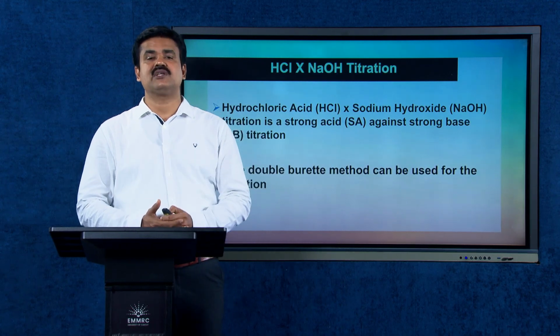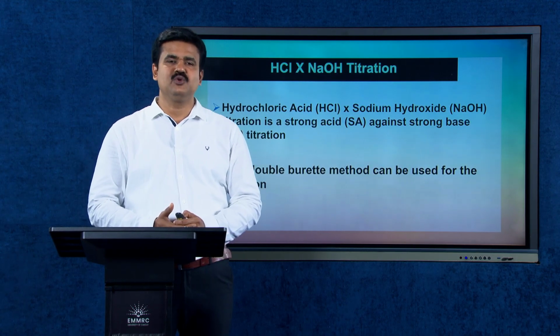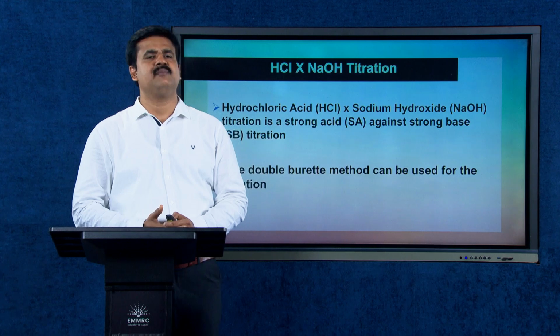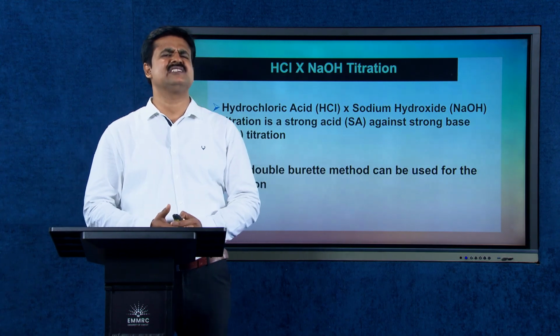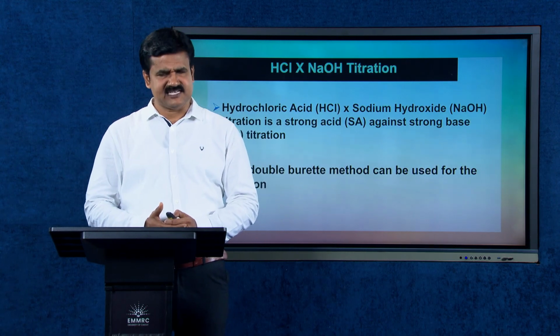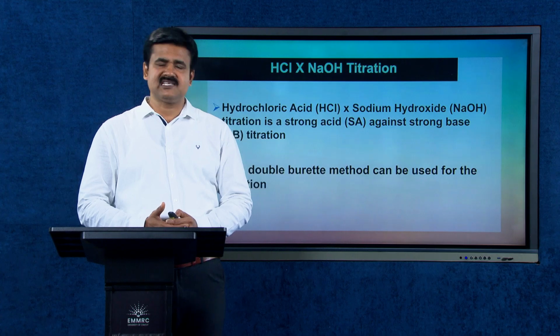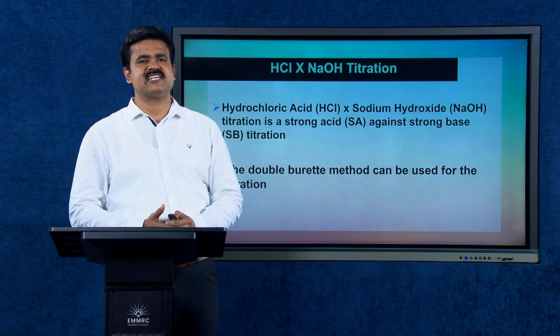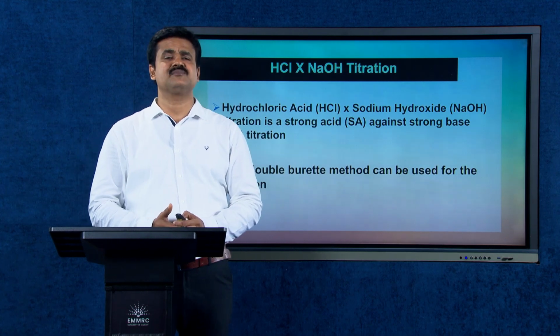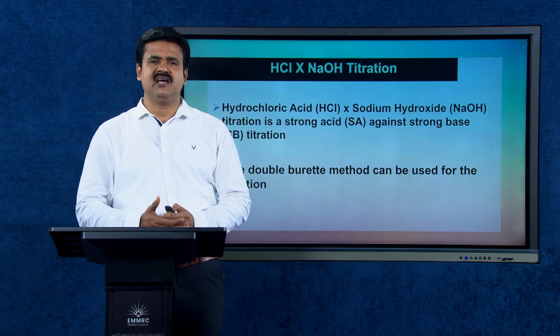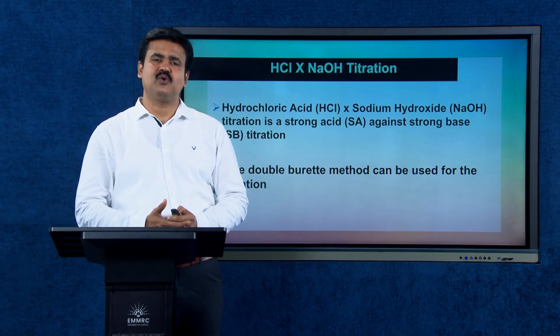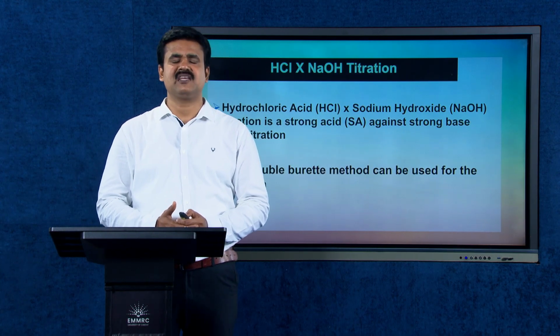The double burette method can be used for the titration. The double burette method has several advantages over single burette titration. The major advantage is the minimum consumption of chemicals, and determination of the endpoint is more accurate if you are using some graphical method.